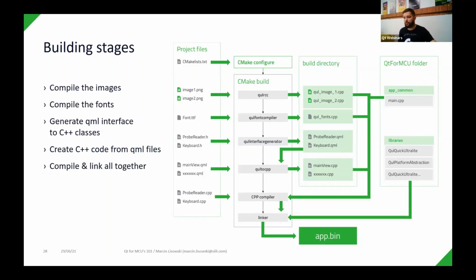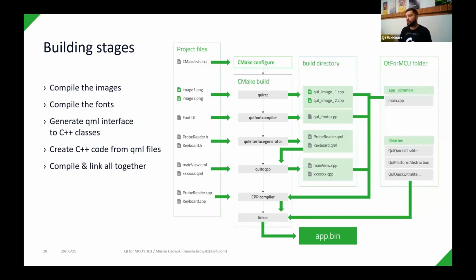So your UI definition that is held in your application directory, together with those intermediate QML files for interfaces to connect your C++ with QML, are going together to Qt QML-to-CPP tool, which converts all of the QML code to C++. So finally, you are not running a QML interpreter on your hardware. You are just running the C++ code, which is a much faster thing for the microcontrollers.